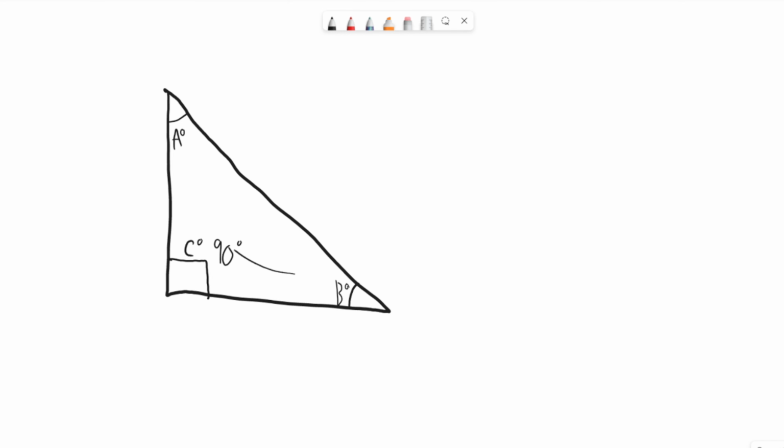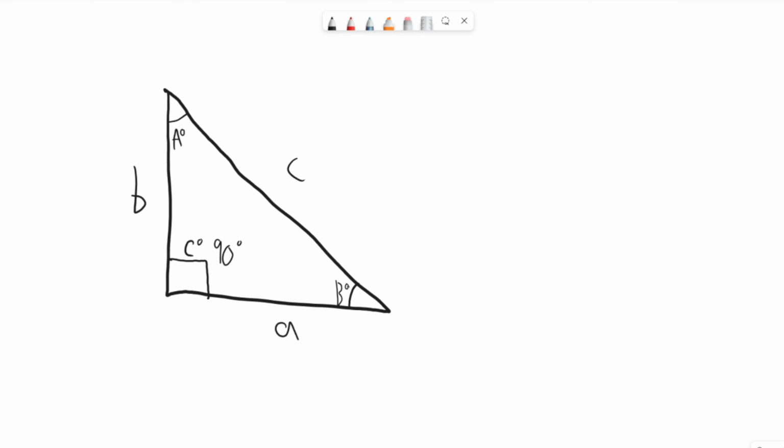So the one opposite of B, you're going to want to call B, and the one opposite the angle A, you're going to want to call A. And then the one opposite C, you're going to want to call C.